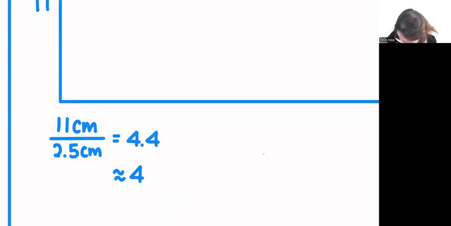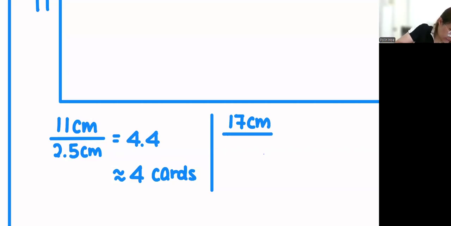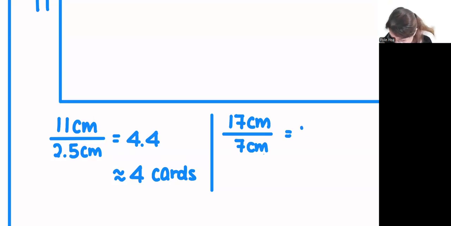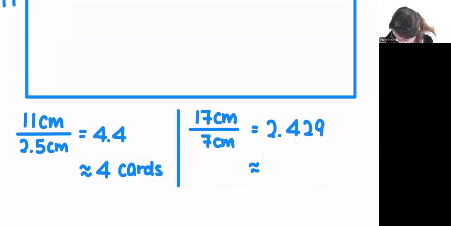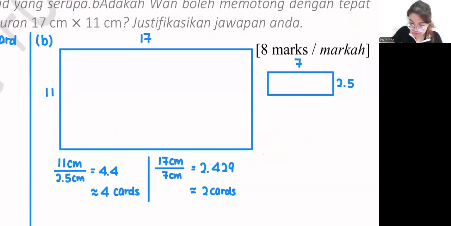For the length, 17 cm, the whole paper, but just now I calculated the small one is 7 cm. I get 2.428 something, 2.429, which means I can only put in 2 cuts only. Okay, so on this side I can only cut, I use purple color, my friend.